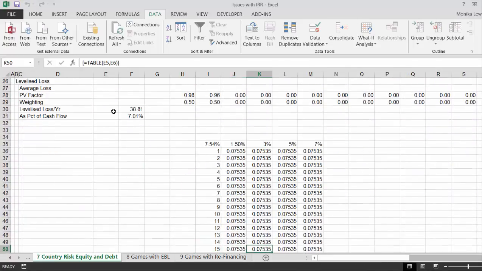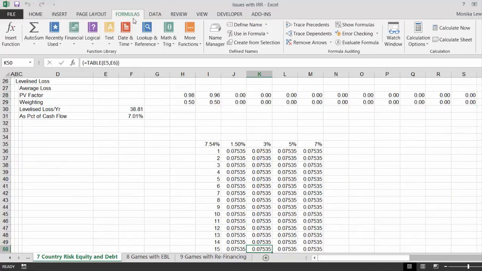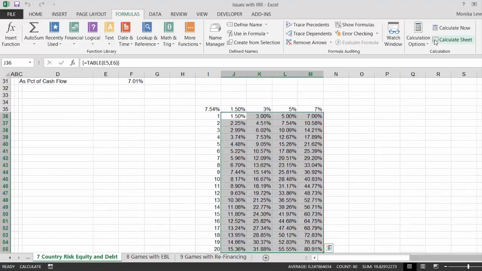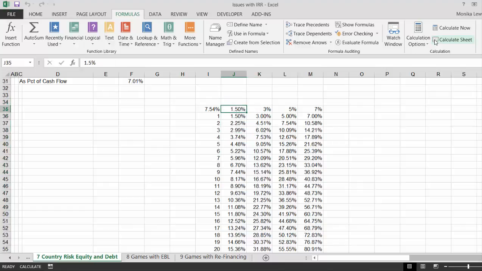And we need to calculate the sheet. This time wasn't so bad. And if I could get rid of this somehow, I could have a nice graph. And since I can't, I'm going to do the damn thing.